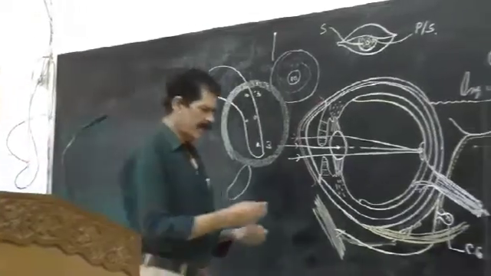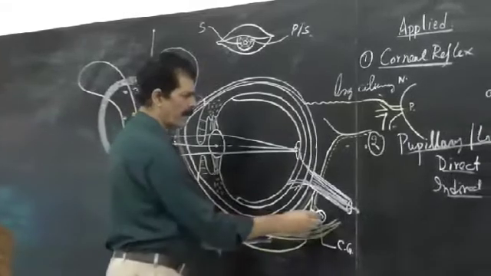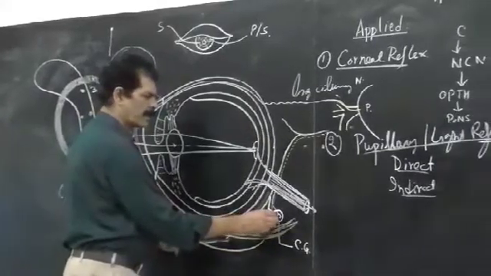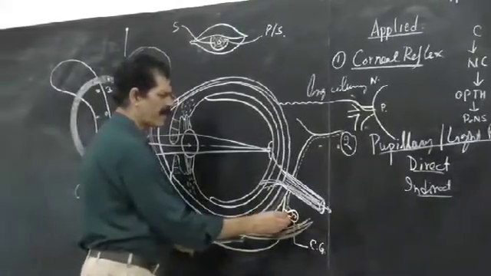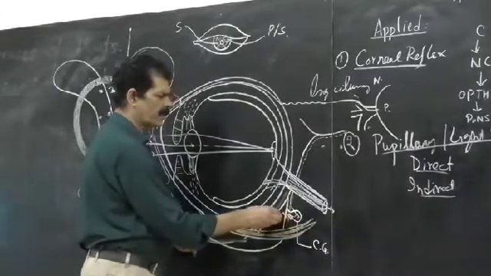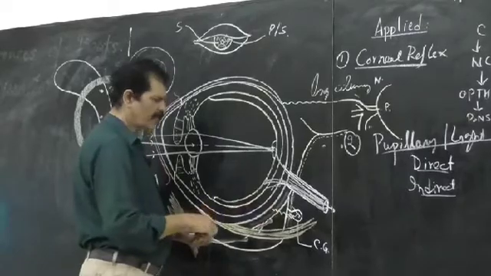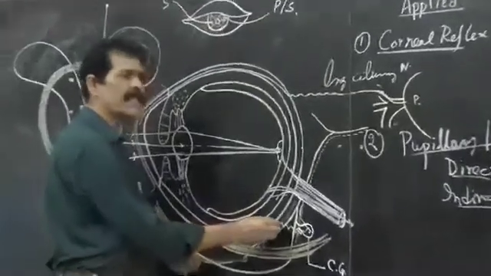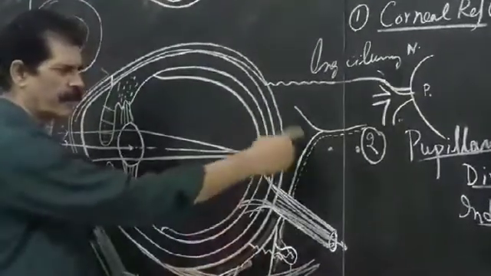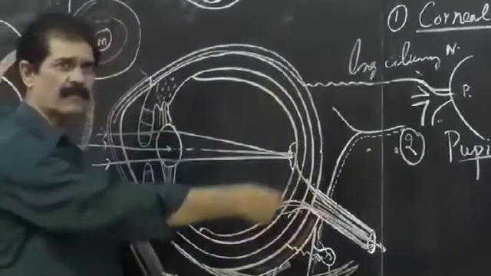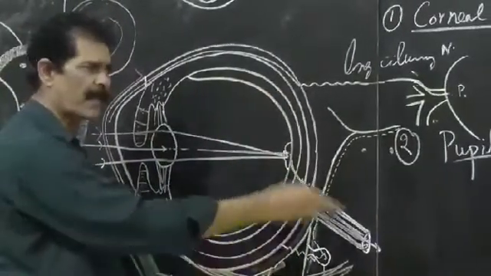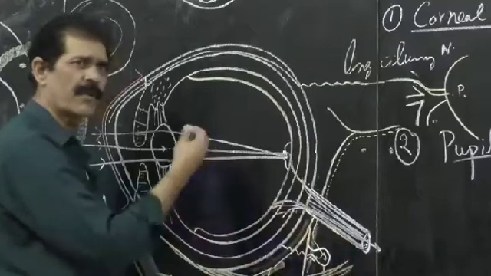So they relay here, and what comes out of them? Postganglionic parasympathetic fibers, which come out as the tortuous short ciliary nerves. And these short ciliary nerves pierce the sclera posteriorly around the optic nerve. The optic nerve is coming out, short ciliary nerves are going in.